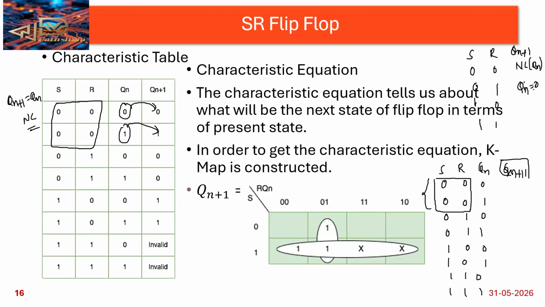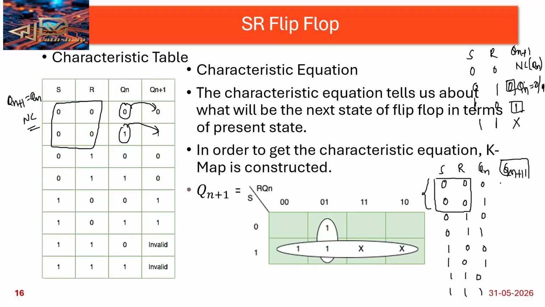Whether Qn is 0 or 1, I don't care, my output will be 0 only. Then 1 0 means set condition, that is 1 only, it is storing that. And then for the invalid condition, 1 1, I'm not getting any valid values, it is changing every time.